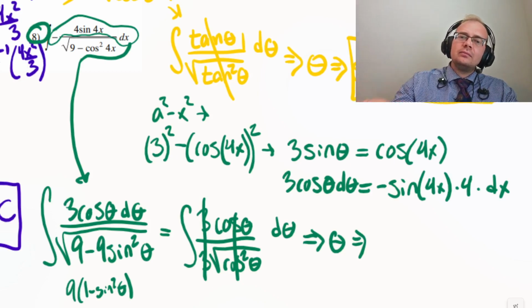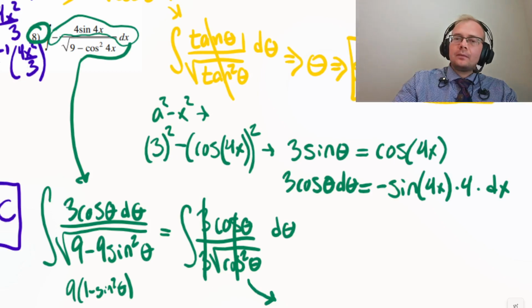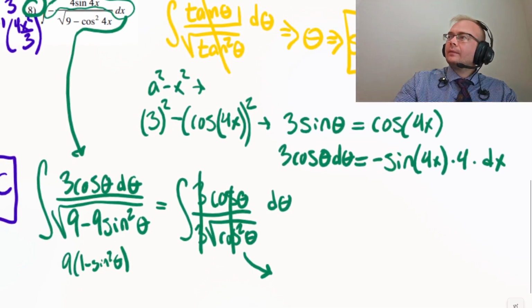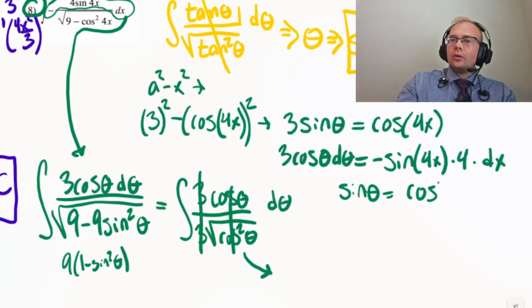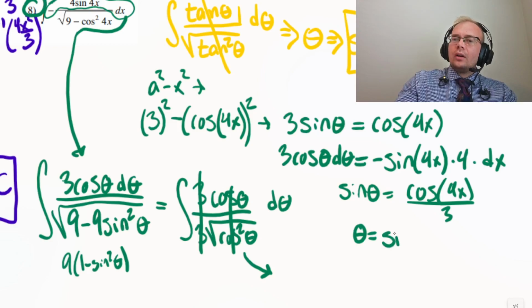Now this one, you know what? Let's go like this way with it and move this up a little bit so that I have some space here. So this would be sine theta equals cosine of 4x over 3. And then theta will be equal to the sine inverse of the cosine of 4x over 3.